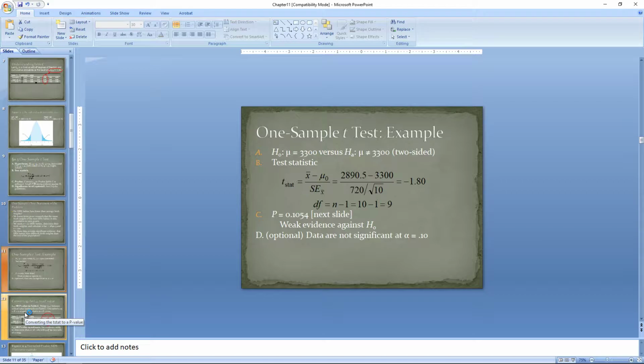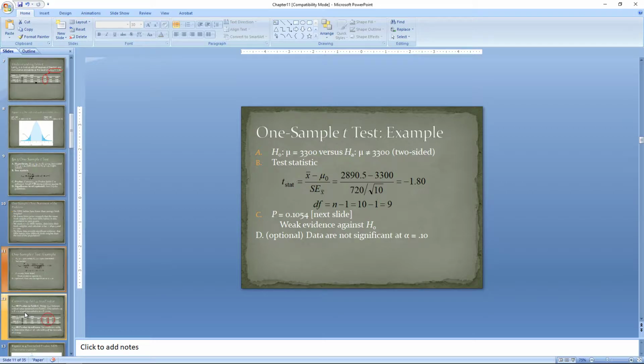There is no exactly 1.8, but it falls between 1.383 and 1.833. We know it lies in there, but we don't know how close it is.